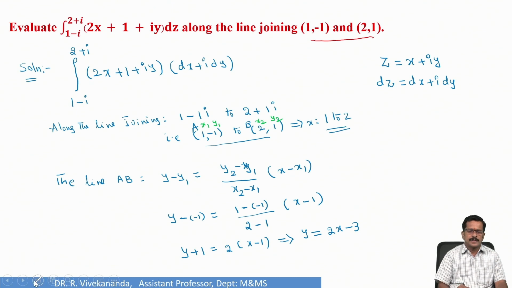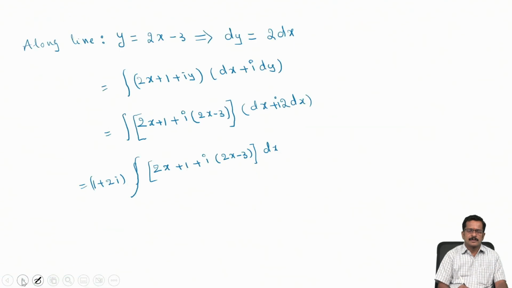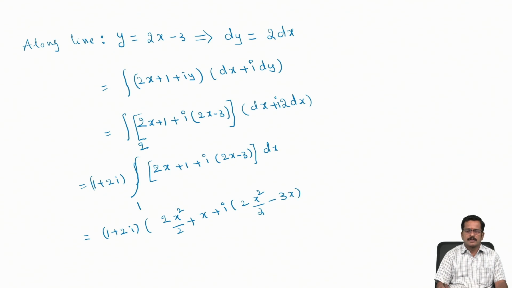So this equals (1 plus 2i) into [2x square by 2 plus x plus i into (2x square by 2 minus 3x)] over the limits 1 to 2.